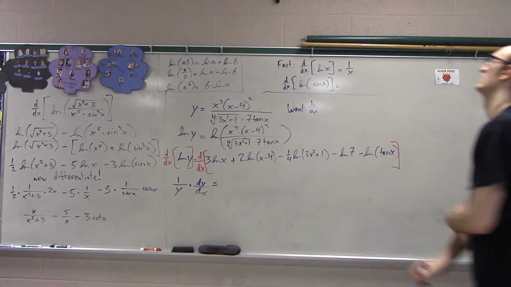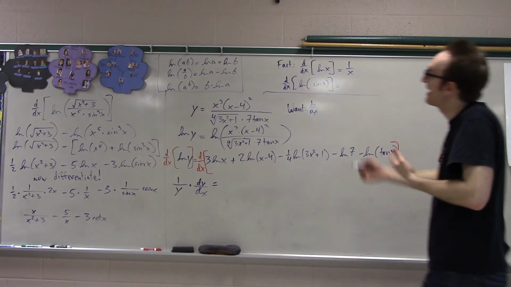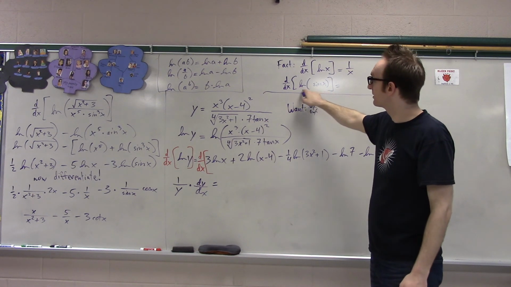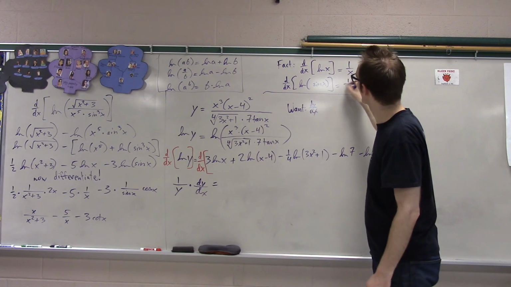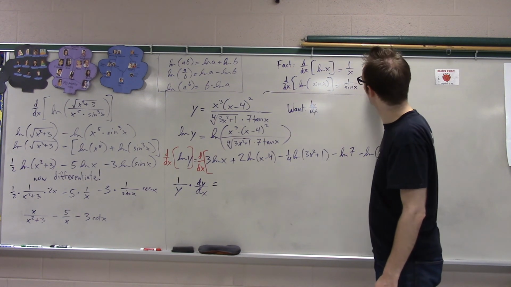Well, what is the derivative of ln of sine of x? The chain rule tells me that the derivative of ln of something is 1 over something back inside for the derivative of the something.